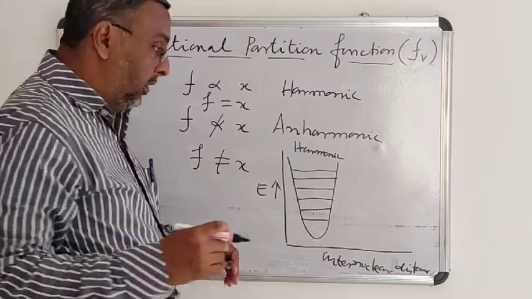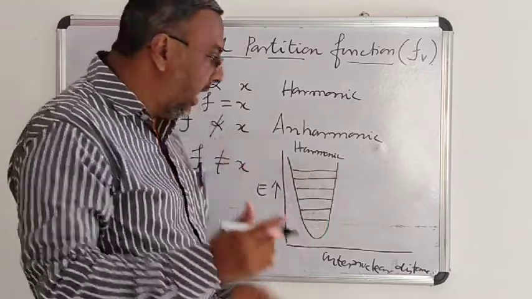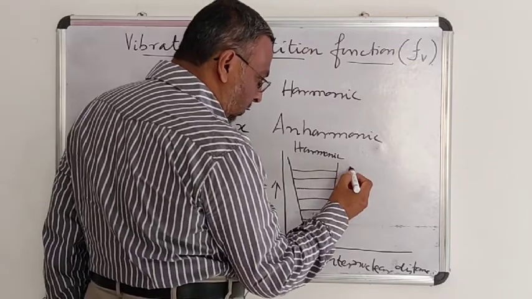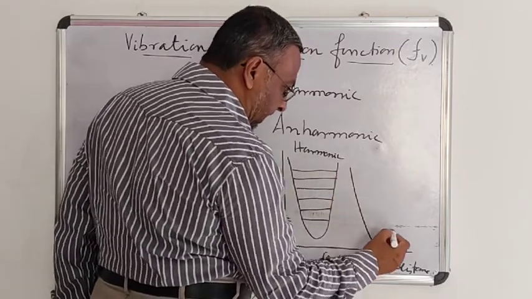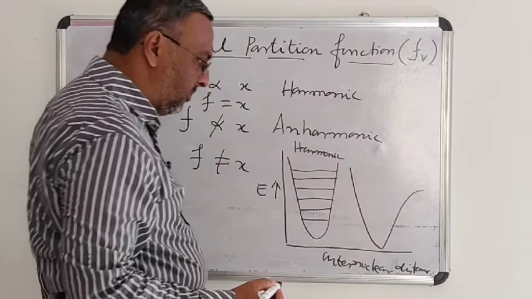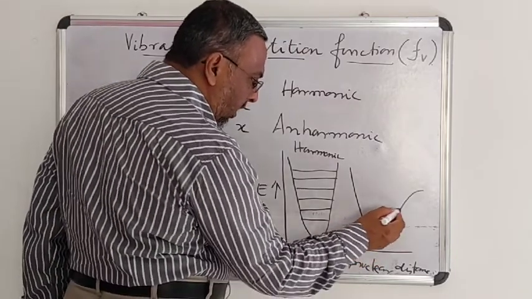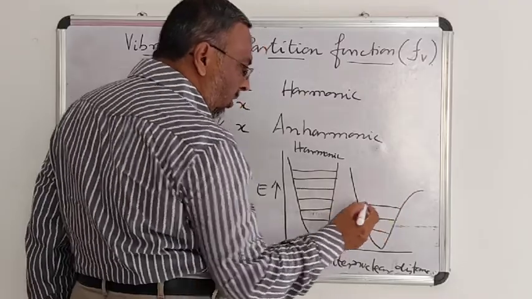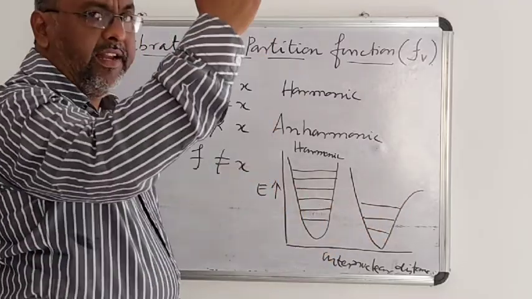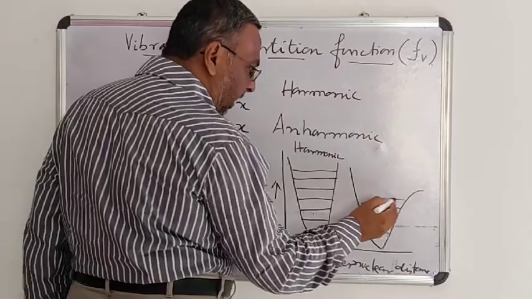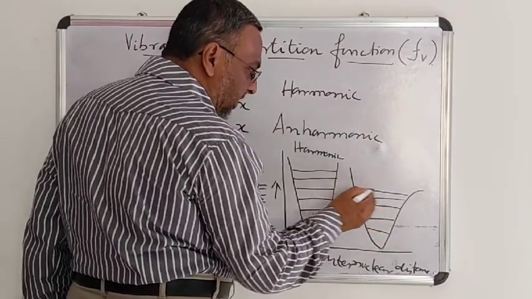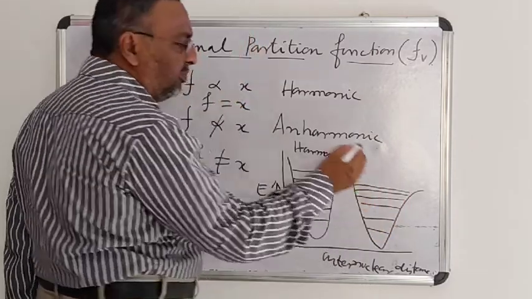When the molecules vibrate in an anharmonic motion, what happens? We get a curve like this, and as we go higher and higher in the excited states, the energy levels are closely spaced.